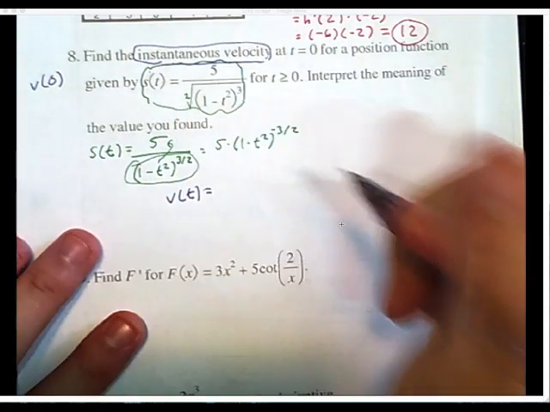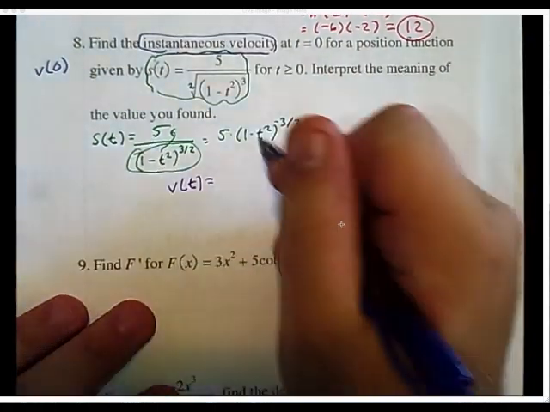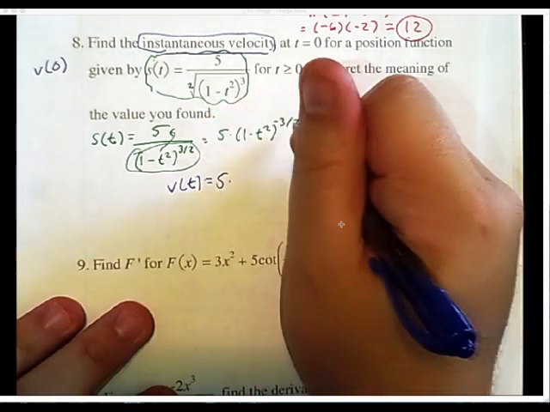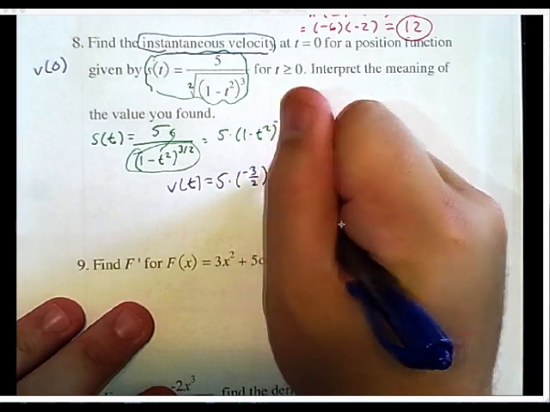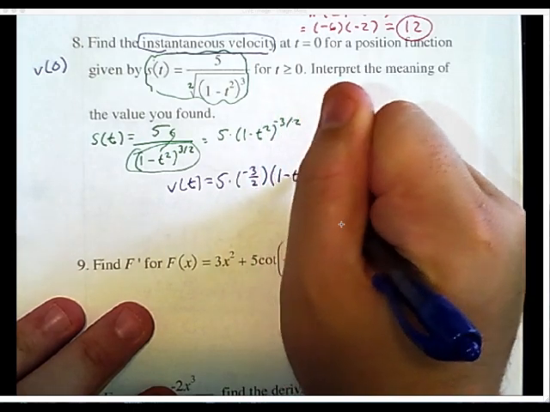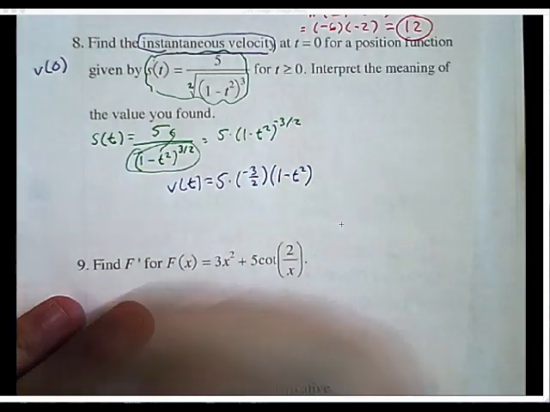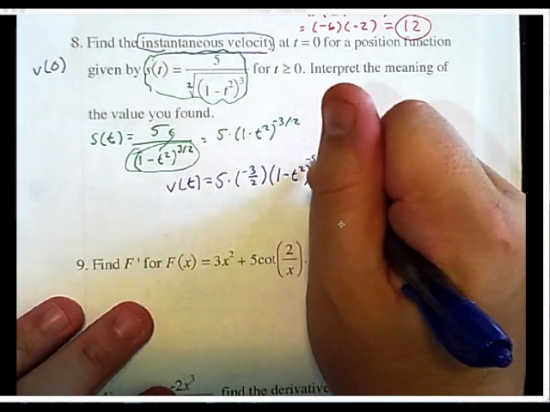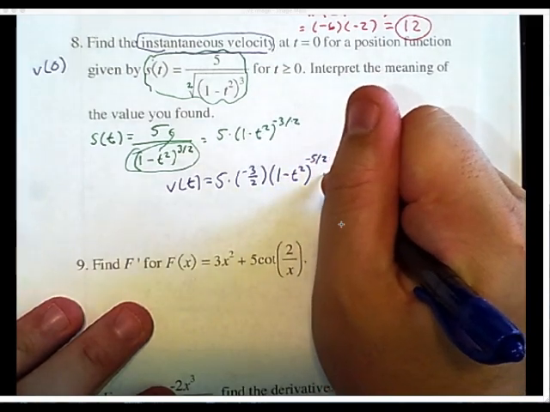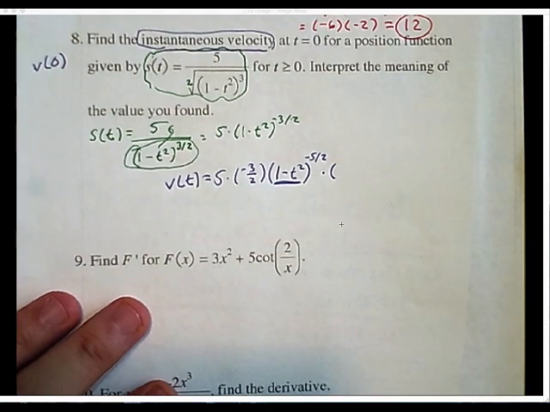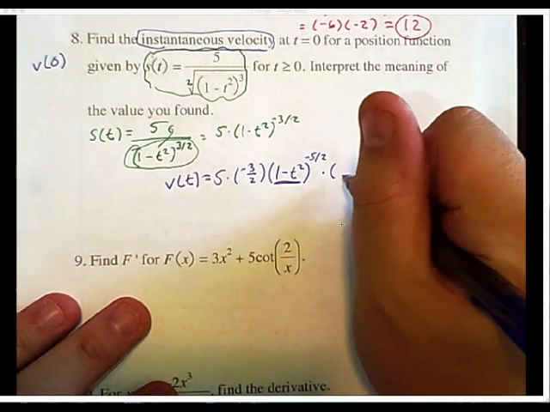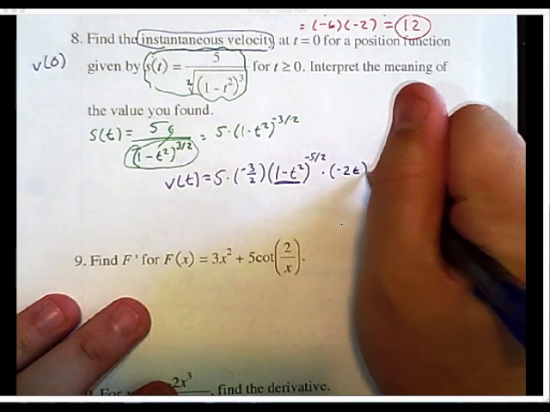We know velocity is the derivative of position. So the 5 coefficient stays. The negative 3/2 comes out front. The inside function stays the same. We reduce this by 1. Now we have to multiply it times the derivative of the inside function.